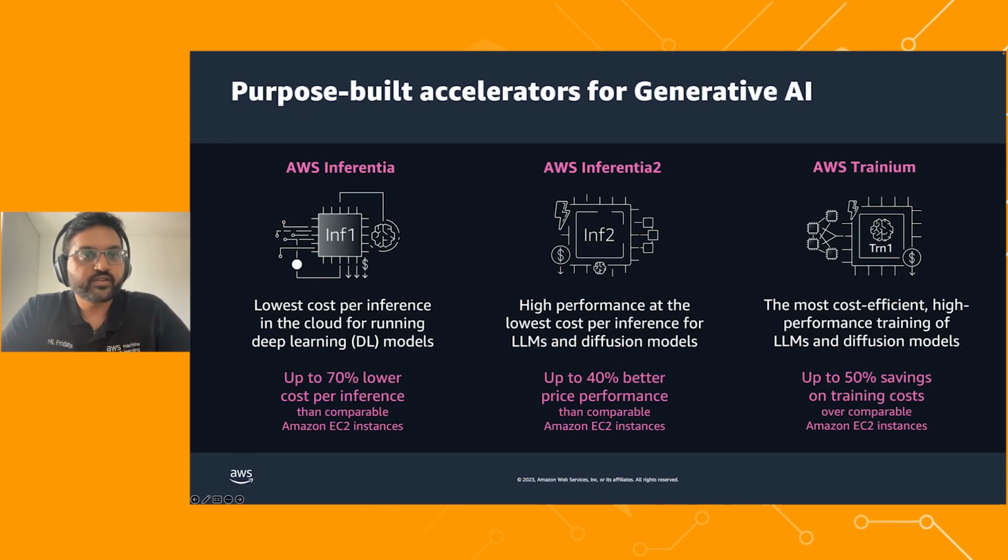Inferentia comes with two flavors, Inf1 and Inferentia 2. We're going to be discussing this in more detail later on in this webinar. And we also have a custom chipset for training, which is AWS Trainium. All these chipsets give you very good price performance, all the way from 40% to 70% lower cost, also giving you very good performance either in terms of latency during inferencing or in terms of throughput during training.